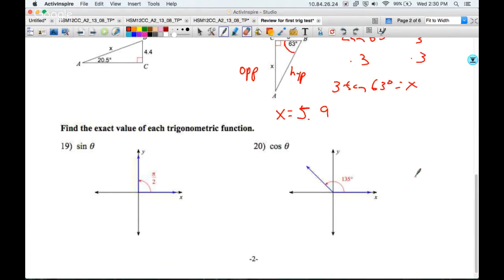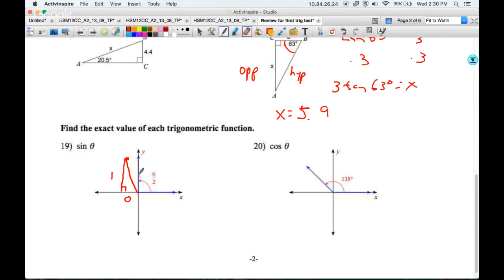Moving on. All right. Find the exact value of each trig function, sine of pi over 2. So here's what we do. This terminal side was rotated over here. We can rotate it just a little bit further so we can still construct a triangle. Still coming down to the origin with one side, down to the x-axis with the other, but then we label this side length here as 0.